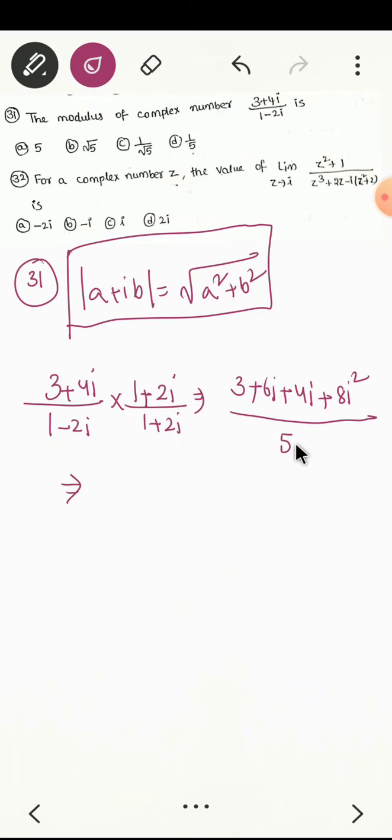This will be 1 plus 4, 5. This is minus 8. Then minus 8 plus 3 is minus 5. Minus 5 plus 10i by 5. This can be written as minus 1 plus 2i.